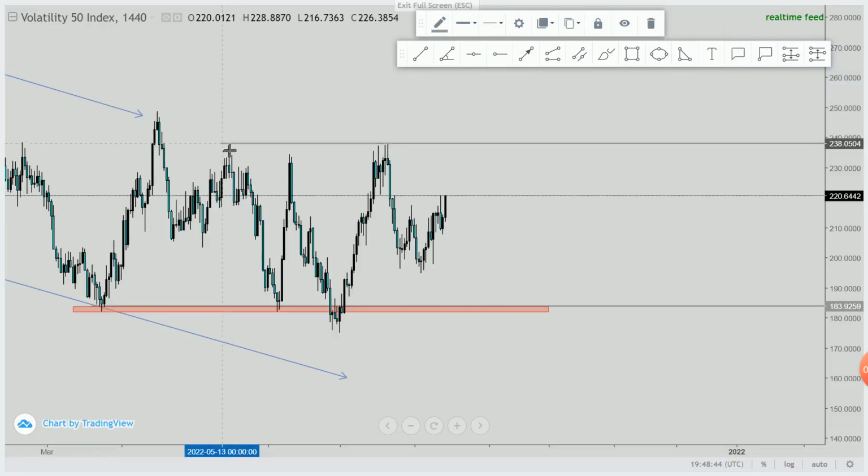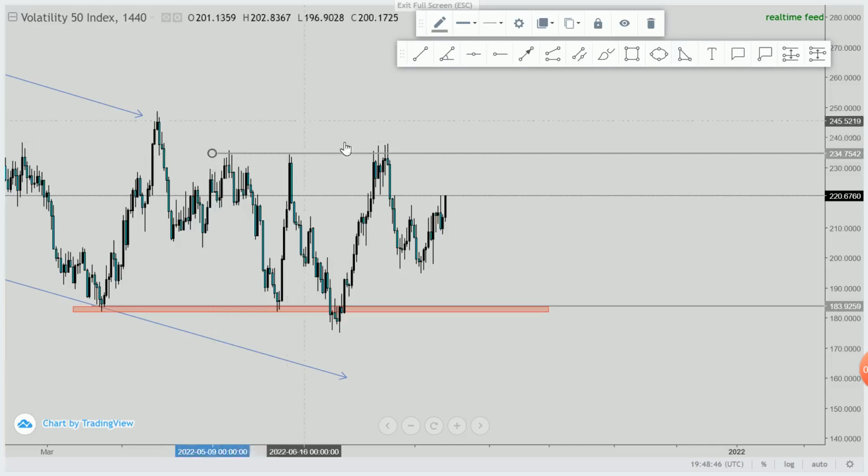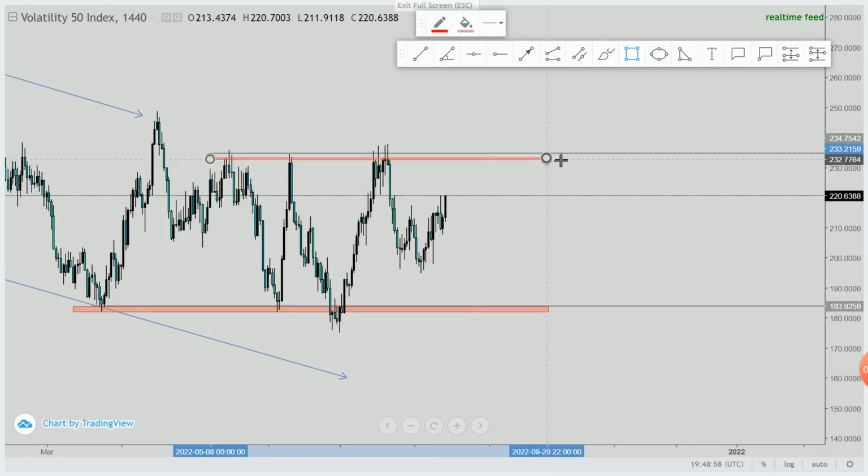We have this area of interest here. Remember, when you draw a line or a zone, it's not a single line. This is a zone that the market might come into. The reason why we avoid drawing zones like this on a higher time frame is because when you drop down to a smaller time frame, this is going to look very big.